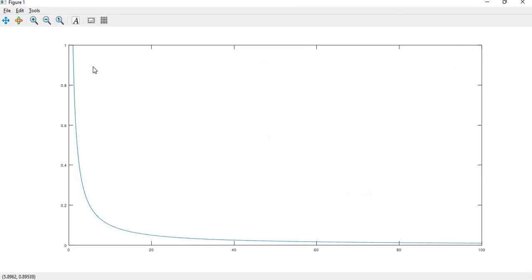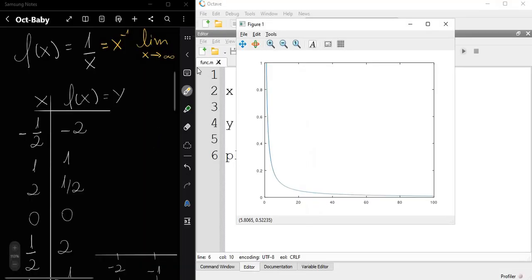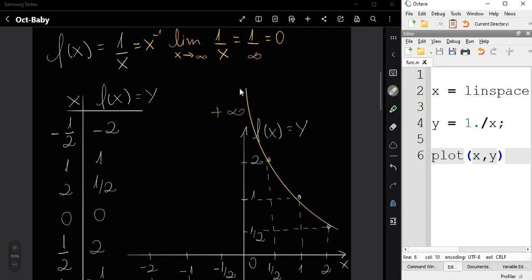And as you can see right here, follow the mouse pointer as we are making x approach infinity. So at infinity, it will touch the axis at 0. So actually this function converges to 0.